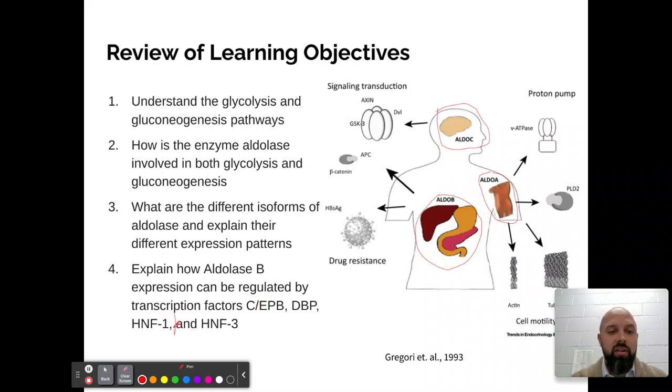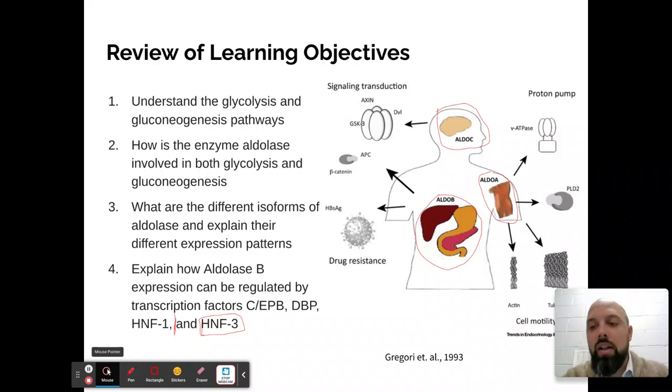So if I separate those three, and then HNF3 was an inhibitor, and it did that through competitive and also allosteric means. So I hope you enjoyed, and I hope you learned a lot about aldolase, gluconeogenesis, and glycolysis, and kind of how they're all related and how they can be impacted.